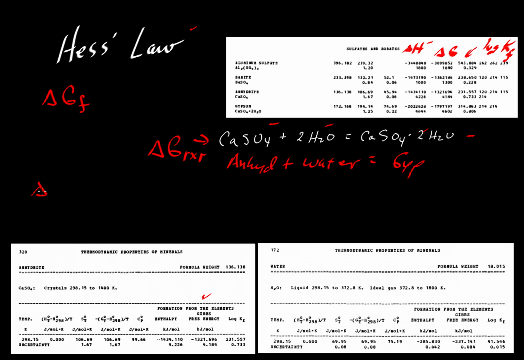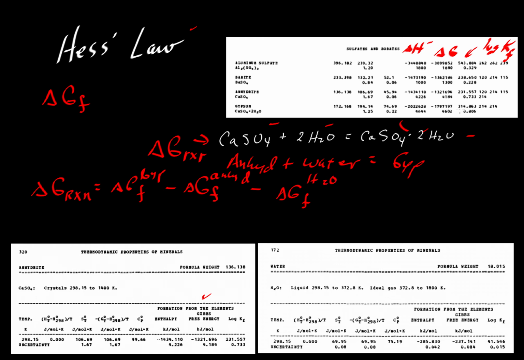Well, the shorthand for that, taking a shortcut given what we've looked at earlier in terms of enthalpy, we'll simply write that the Gibbs free energy of this reaction is equal to the Gibbs free energy of formation for gypsum, so those are our products, minus the Gibbs free energy of formation from the elements of anhydrite, minus the Gibbs free energy of formation from the elements of water.